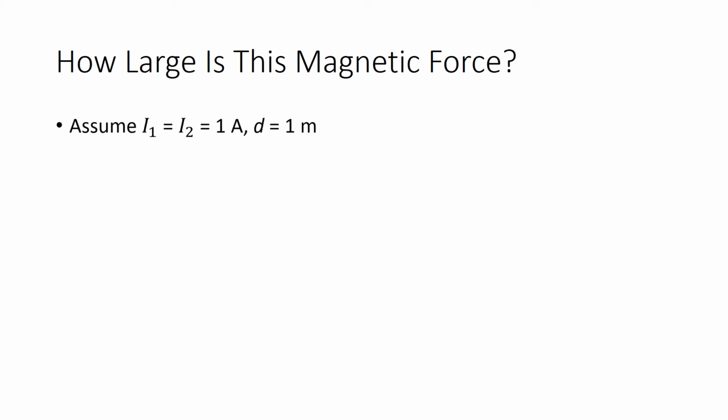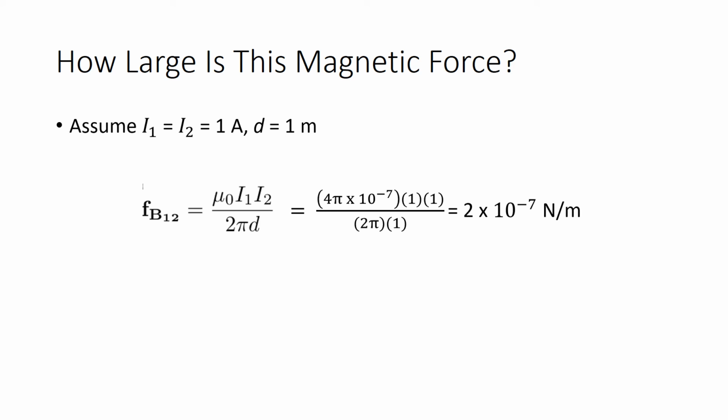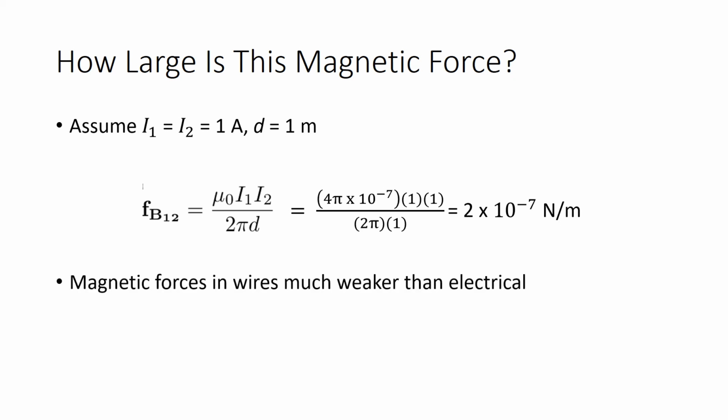Suppose both our parallel wires carry currents of 1 amp and that they are placed 1 meter apart. The magnetic force per unit length of B1 acting on wire 2 is 2 times 10 to the minus 7th newtons per meter, which is not very strong at all. In fact, magnetic forces in wires are typically much weaker than electrical forces.